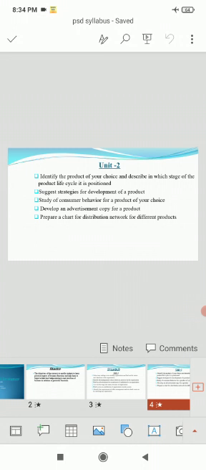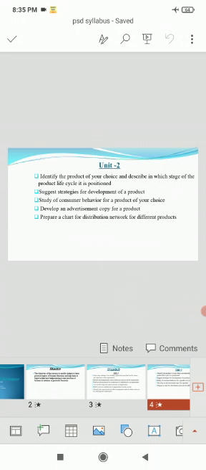The student has to select a particular product, decide in which stage of the product life cycle the selected product is positioned, suggest strategies for the development of the product relating to the market, and also study the consumer behavior relating to that product.